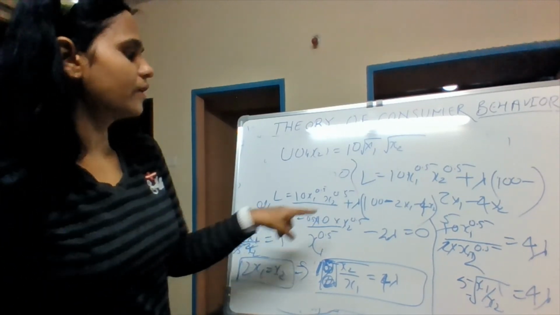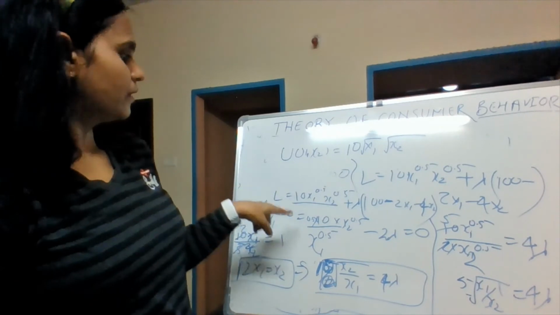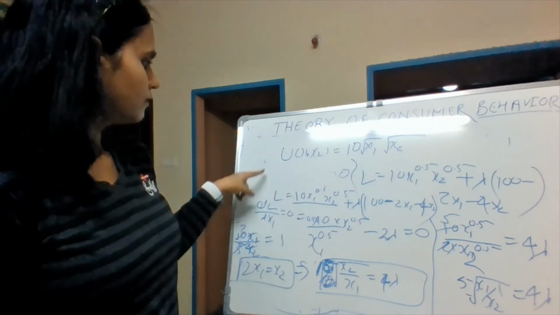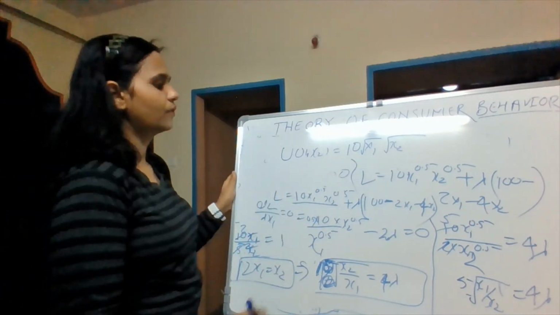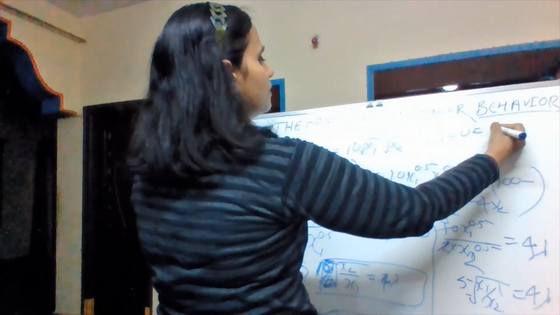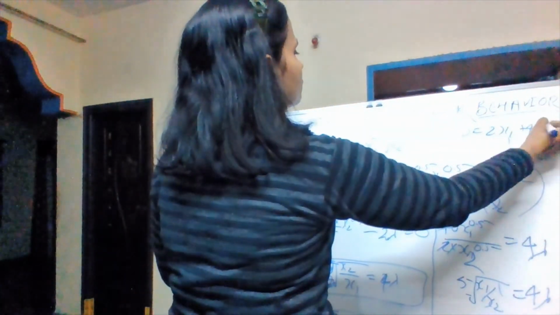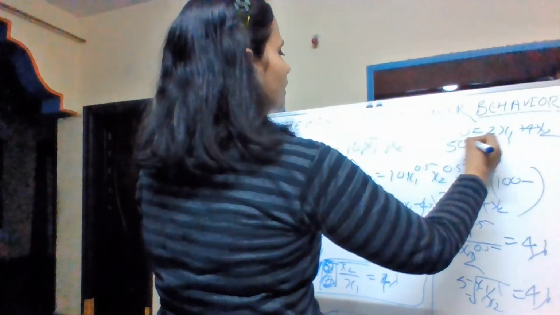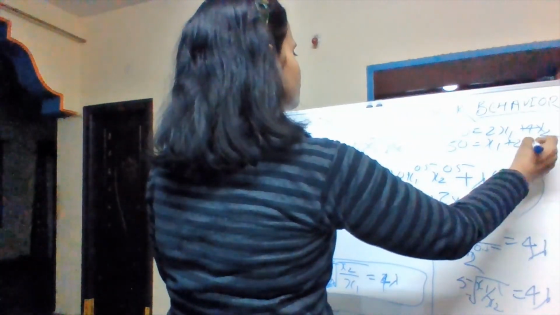Now put x2 equal to 2x1 into your income constraint. What is your income constraint? 100 equal to 2x1 plus 4x2, so 50 is equal to x1 plus 2x2.